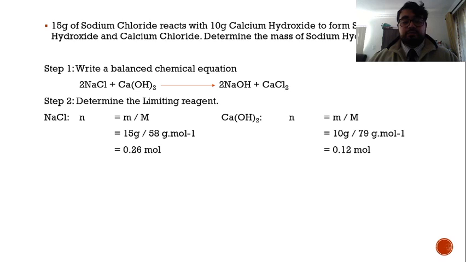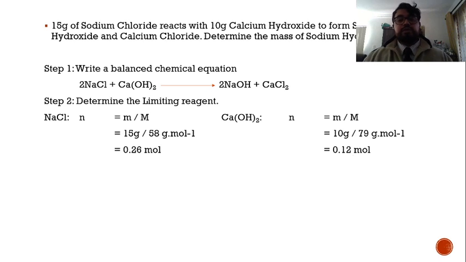So the next step was to divide the reagents by their stoichiometric number. If we divide the number of moles of NaCl by 2, we get 0.13. And if we divide calcium hydroxide by 1, we get 0.12.